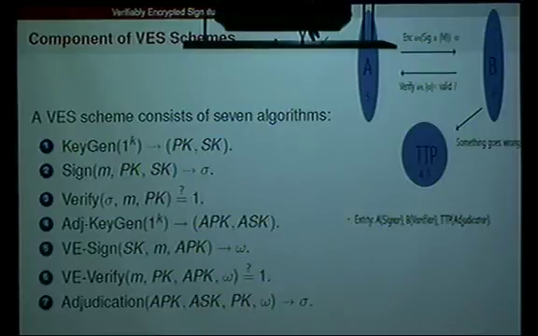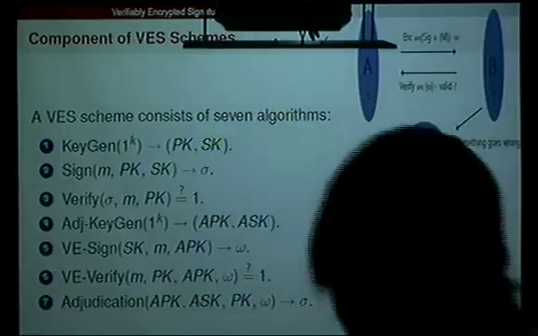A performs the fifth step, B performs the 6th step, and T performs the 4th and 7th steps. The 5th step is equal to encryption of the 2nd step using APK. APK is the public key of T.